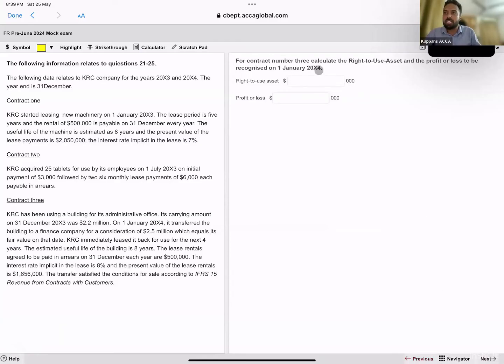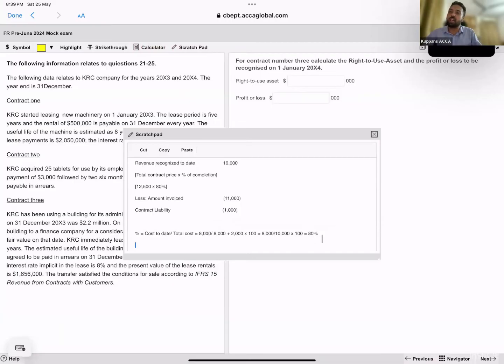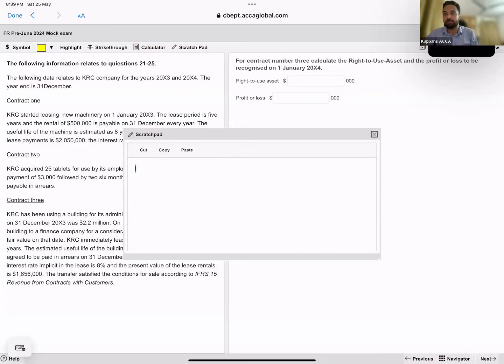For contract number 3, calculate right of use asset and profit and loss to be recognized on January X4. Now, you need to know sale and leaseback for this and how to calculate right of use asset in a sale and leaseback question.